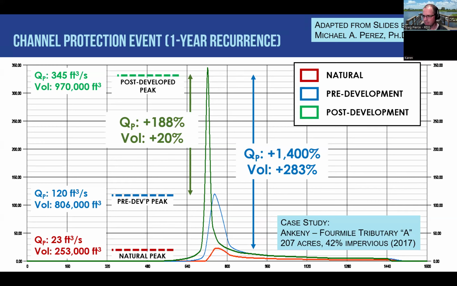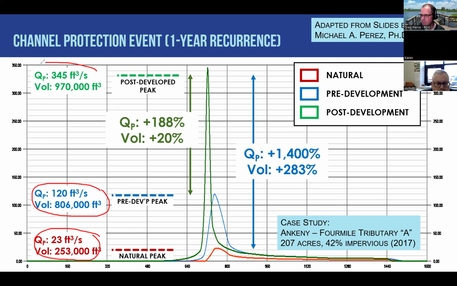You see, if we look back to the natural condition, before there was even any agricultural development, back at the prairie, we would have seen very, very low flow rates and volumes. With the development of agriculture, a substantial increase in flow to that level.